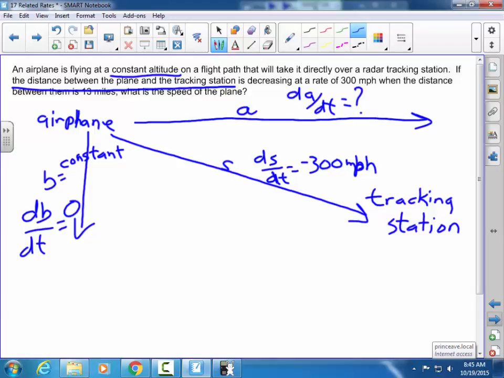Hopefully. So what relationship is there between S and A? Very good. A squared plus B squared equals S squared.